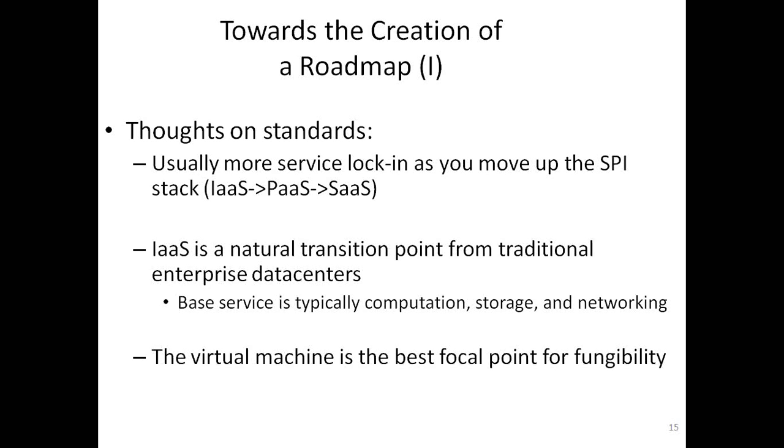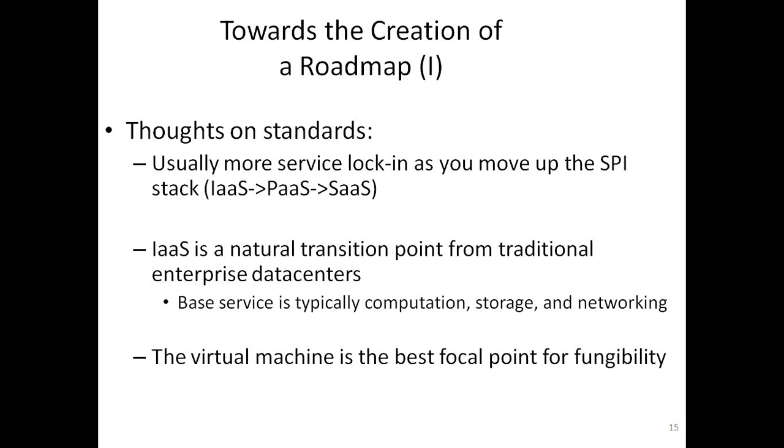So we could actually start with virtual machines. That is the best focal point for interoperability, since as we move up the stack of services, the vendor lock-in is more in SaaS and PaaS compared to infrastructure. So infrastructure is a good way to start on how cloud services can be standardized.